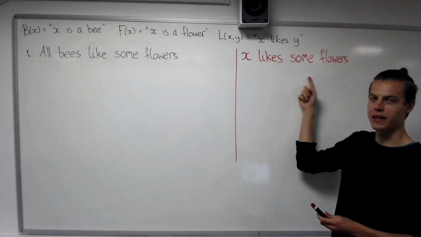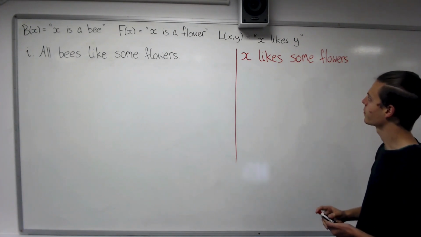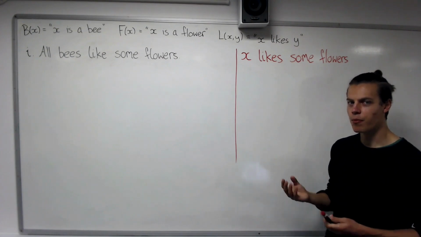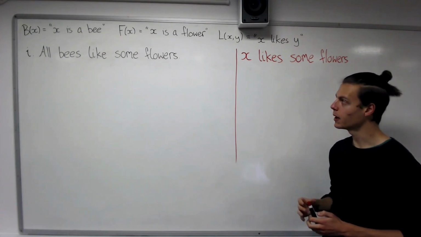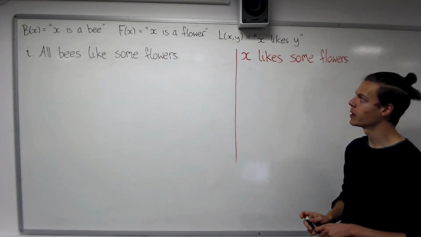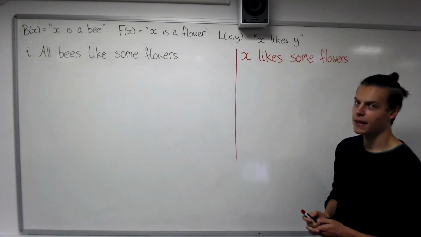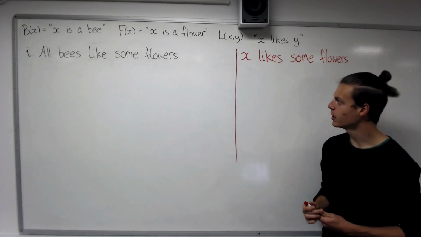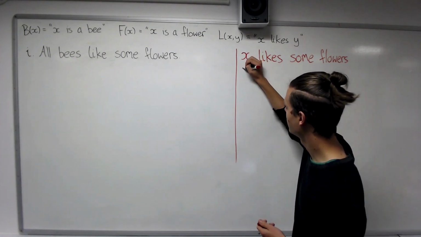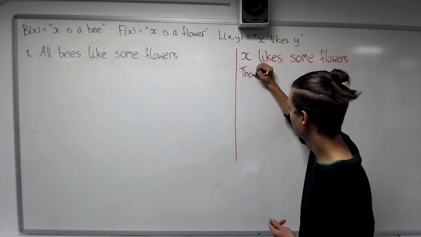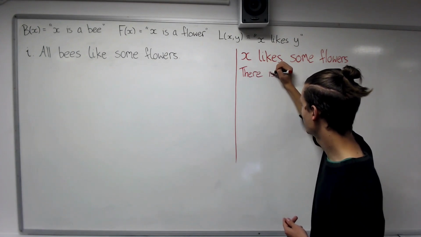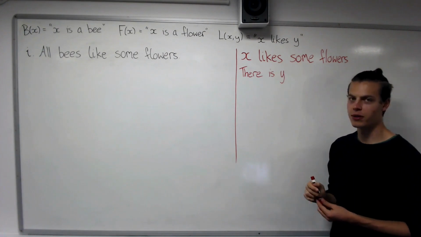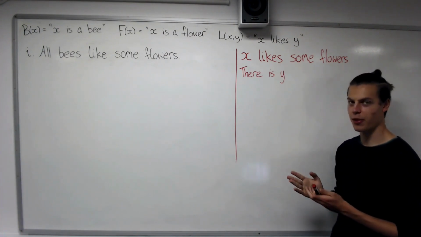So how can we rewrite this? Well, we can say that there is something y, right? There is something y such that y is a flower and x likes y, right? So there is something y taken from the universe of discourse, which is just things.